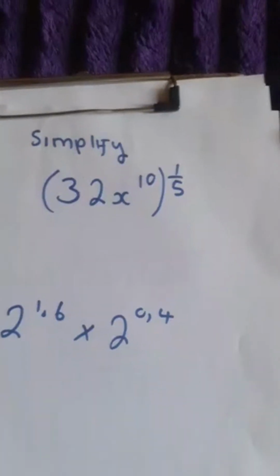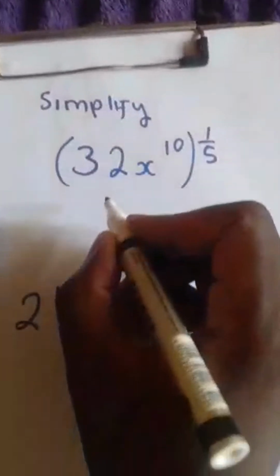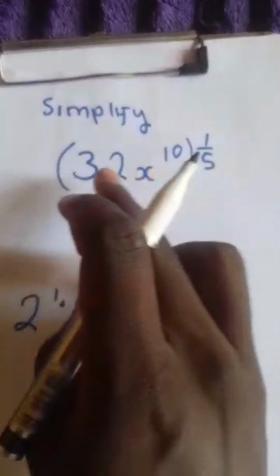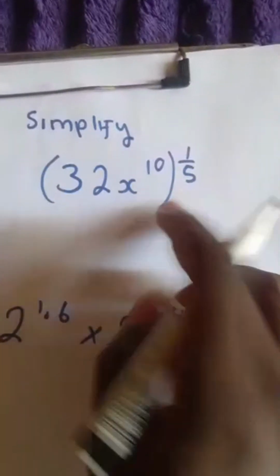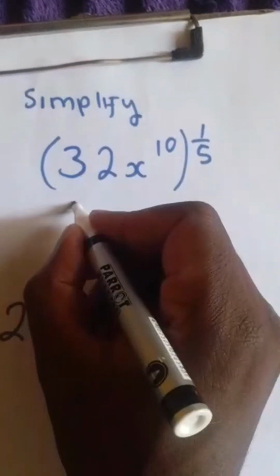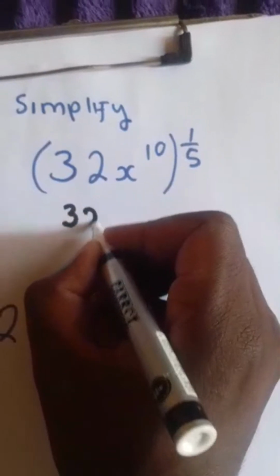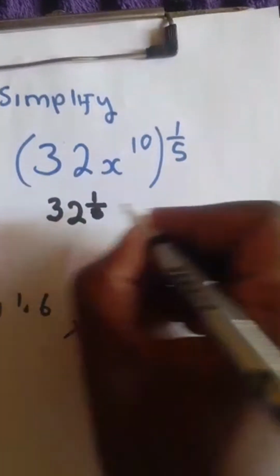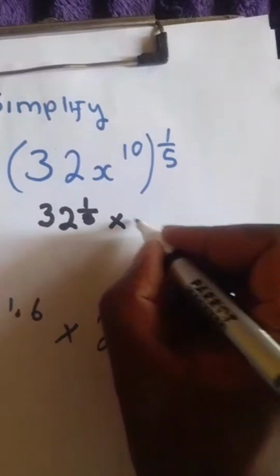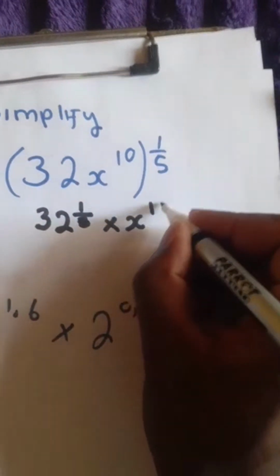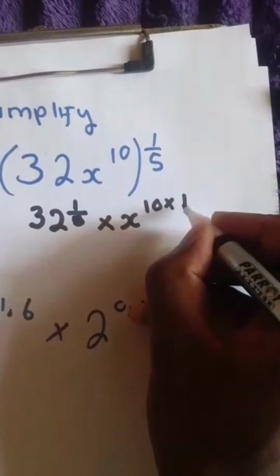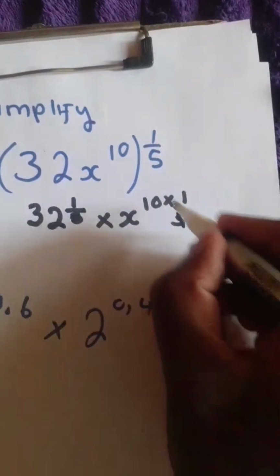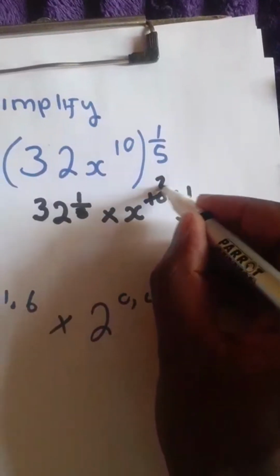Remember, everything inside the bracket is raised to the power of 1 over 5. So it's 32 to the power of 1 over 5 times x to the power of 10 times 1 over 5. So 5 into 10, we get 2.